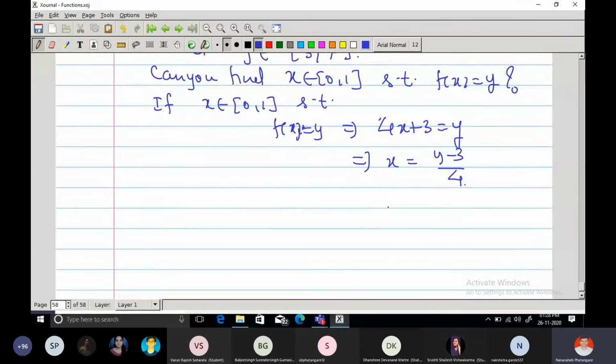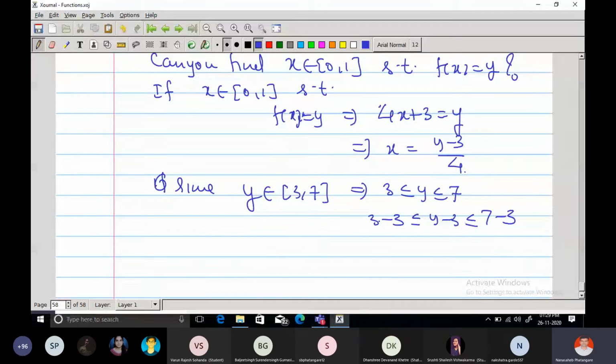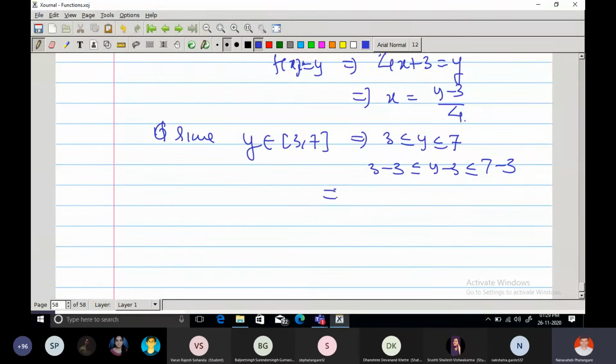So since y belongs to [3, 7], that means 3 is less than or equal to y, which is less than or equal to 7. So 3 minus 3 is less than or equal to y minus 3, which is less than or equal to 7 minus 3. Am I right? That means 0 is less than or equal to y minus 3, which is less than or equal to 4, divided by 4.